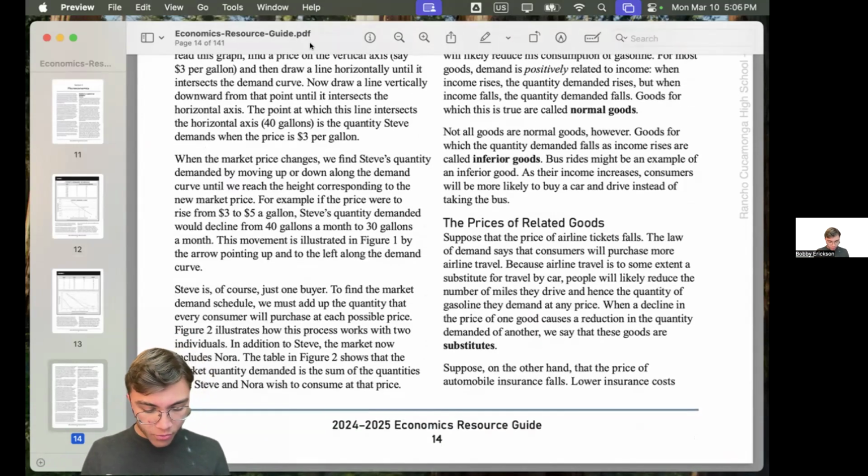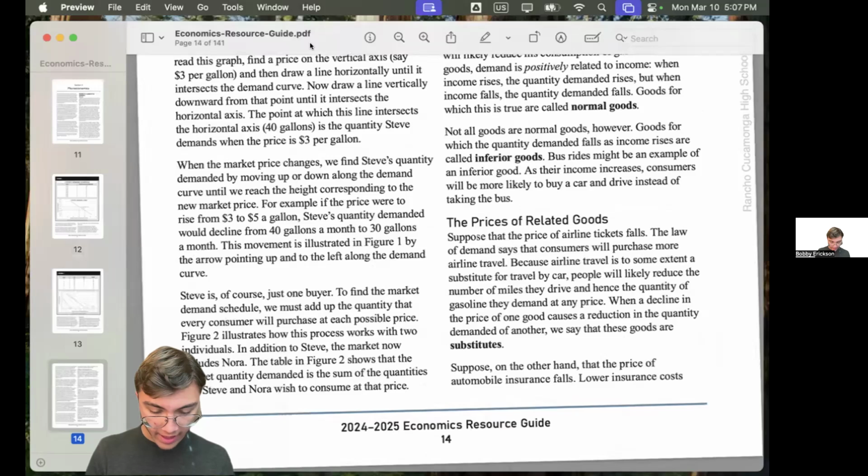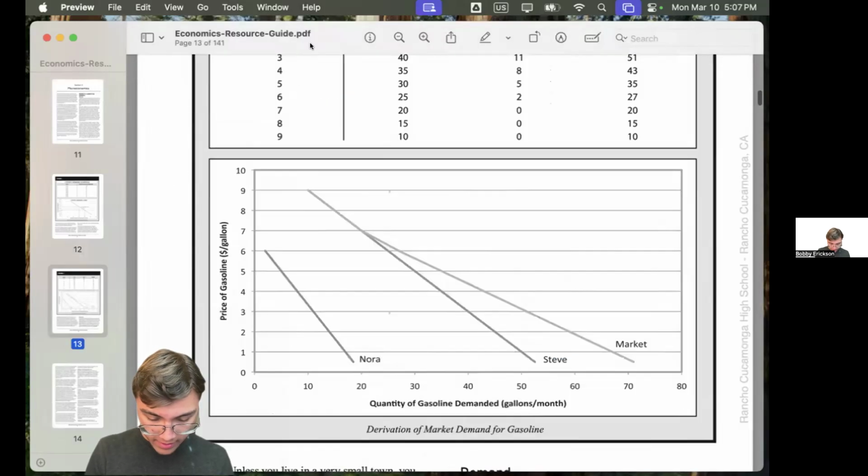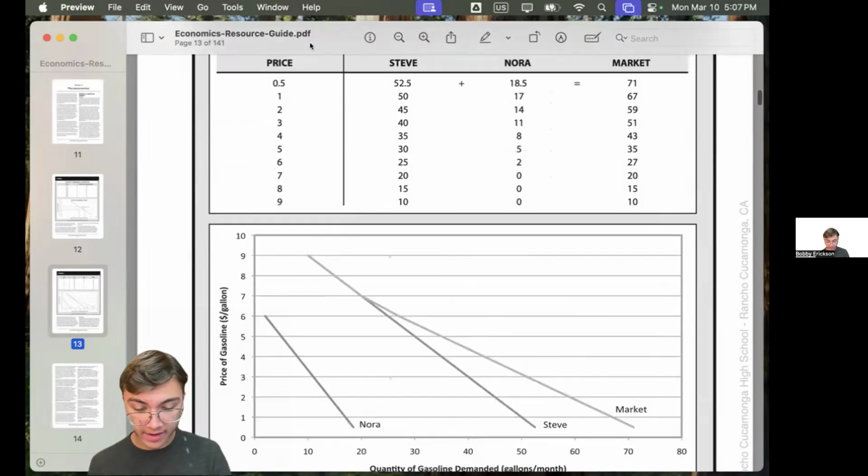Now, if we want to look not just at Steve but at the entire market, we have to add up every single consumer at every single price point. If we look at figure 2 above, this is what happens when we combine two different demand schedules.